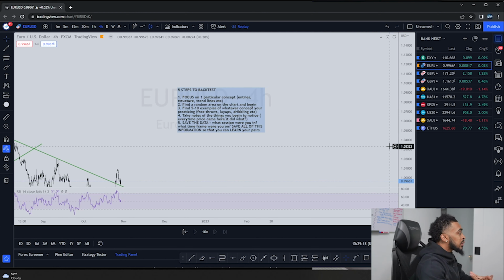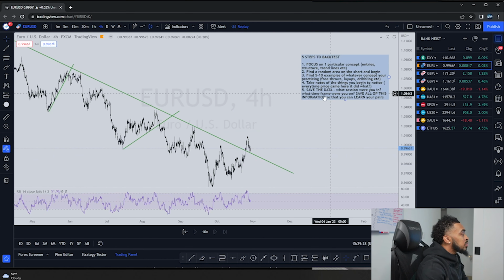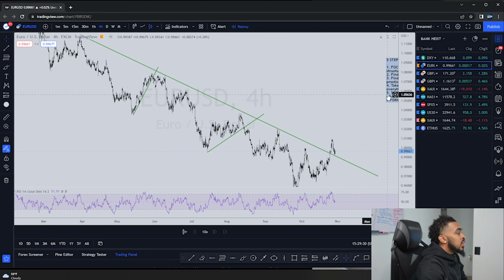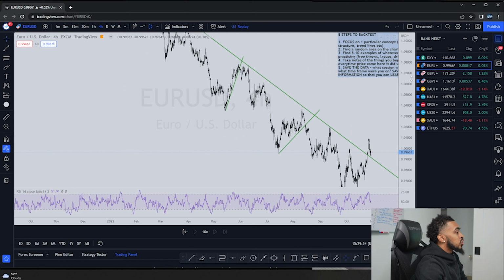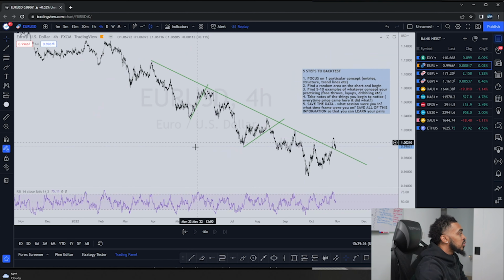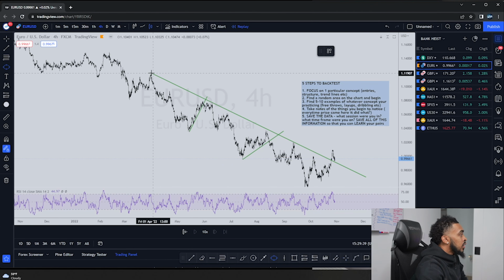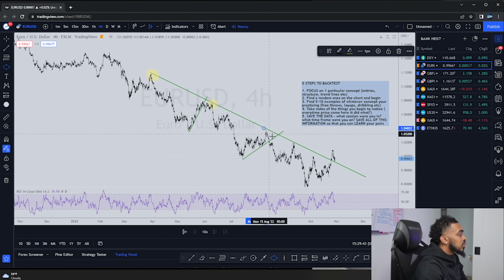So that leads me to my next step. The 4th step is taking notes of things when you begin to notice them. So, every time price came here, it did what? If I know that I'm studying trend lines, then I'm going to take notes of the things that I begin to notice. Here, the story on this trend line was, every time price touched this trend line, it pushed down, pushed down, pushed down.